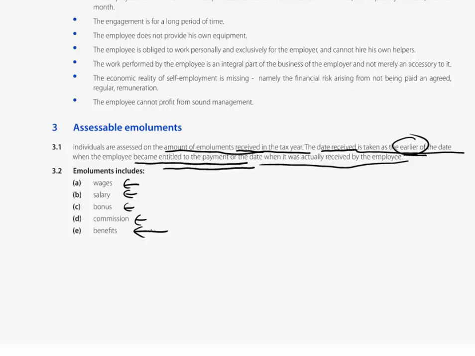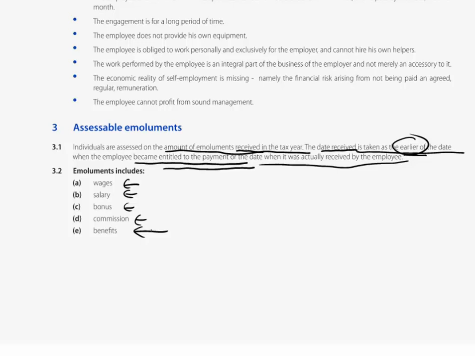There are in fact, surprisingly you might think, quite a long list of benefits that are exempt from assessment as employment income. Though the list is quite long, there are many of them that usually amount to very large sums. But indeed, we need to be aware of the whole range of benefits, those that are exempt, those that are assessable, and of course, where they are assessable, how do you work out the assessable benefit?